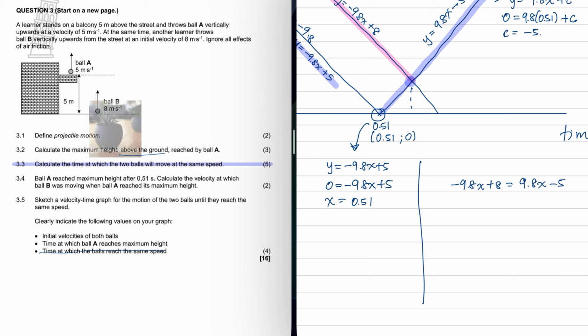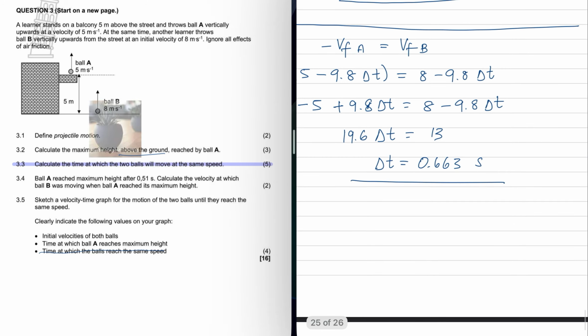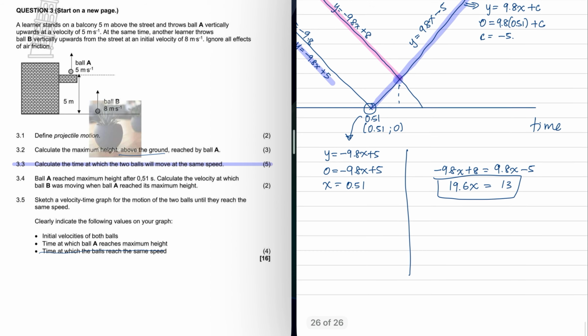Now you can simplify. You'll get 19.6x is equal to 13. Notice that this is the same as what we had here. So then you get x is equal to 0.663 seconds.